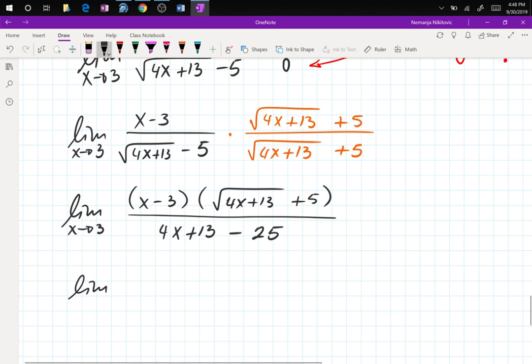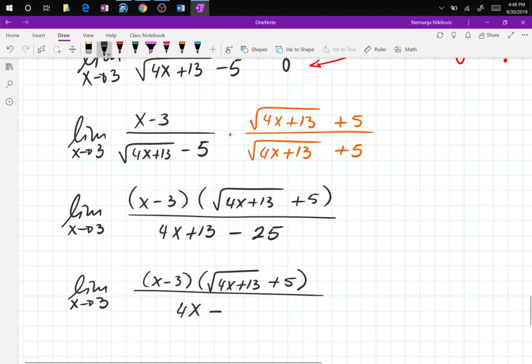So now I have limit. Observe that I am copying the limit in every step. I am copying the limit because the notation requires you to copy the limit until you get to use it, right? So we have to keep copying the limit here. We have x minus 3 square root of 4x plus 13 plus 5. And now I have 4x minus 12.